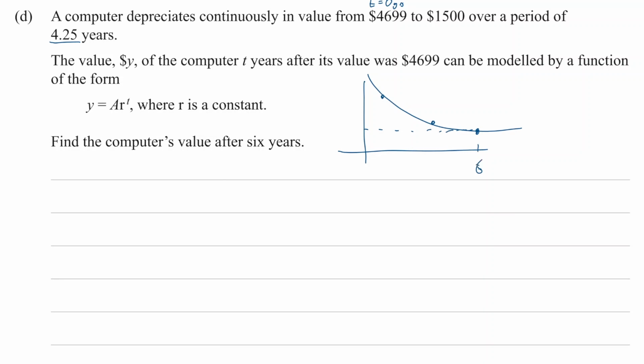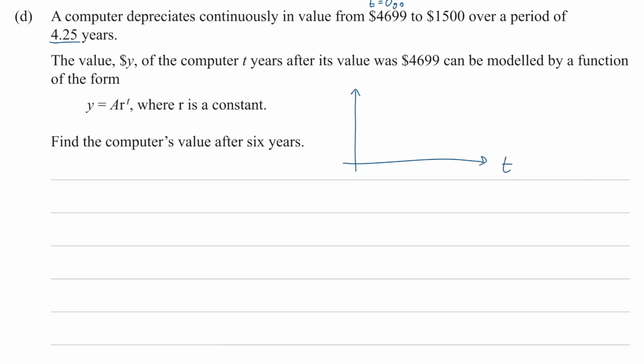Cool. So just to summarize that, let's do it graphically. Time is our x-axis, and y, the value, is our y-axis. We know initially, at time equals 0, it's worth $4,699. In 4.25 years, it drops to a bit less than a third of its value, so that's $1,500.